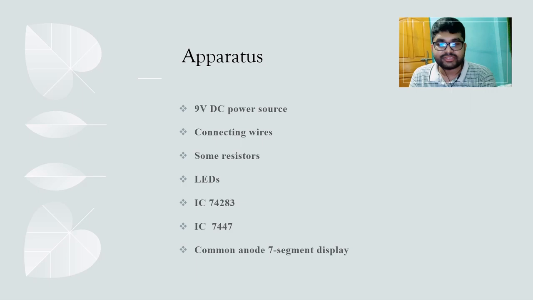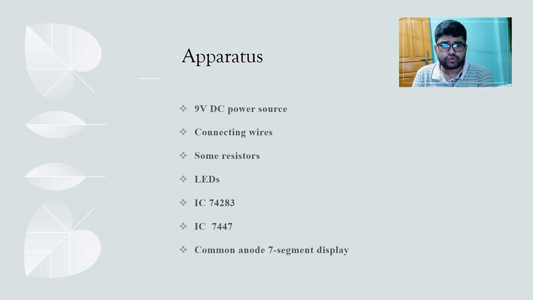Today I am excited to introduce the apparatus we will be using for our voting system demonstration. Our setup includes essential components such as a 5-volt power source to provide the necessary electricity, connecting wires to establish connections between different elements, a resistor to manage current flow, an LED for visual feedback, and crucial integrated circuits, especially IC 7483 and IC 7447.